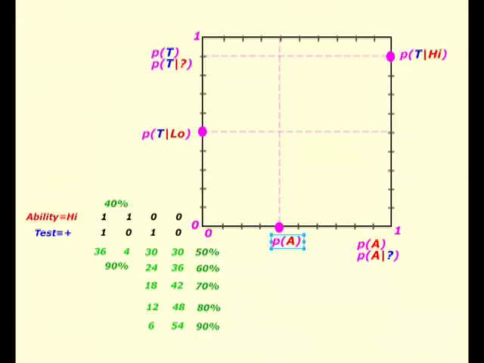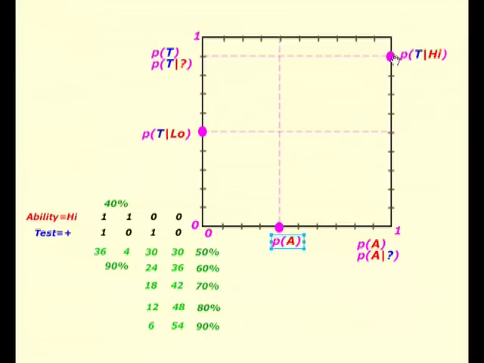And so the idea is we had these 3 bits of uncertainty. This is how we built up our notion of uncertainty. You say, we're not sure about the ability, but we can plot it down here. We're not sure about their test scores if they have high ability, or their test scores if they have low ability. We're going to plot those over here. Now, what I did is I put a dotted line at the 90%, and I put a dotted line at the 50% all the way along.